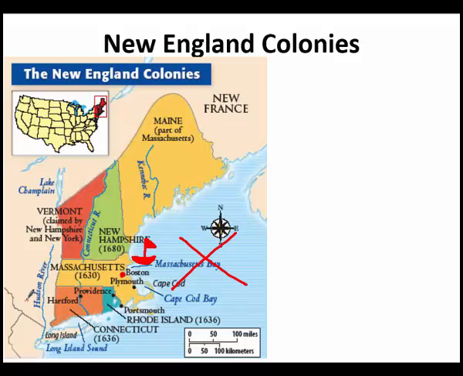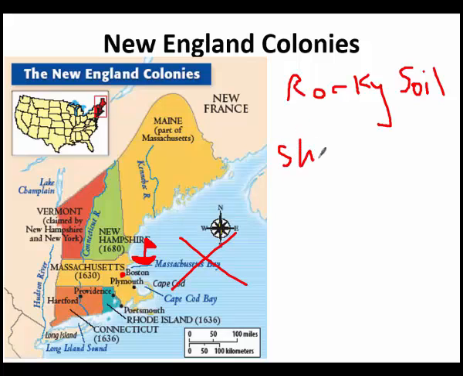And the reason for that is that they had much better soil. New England had very rocky soil, so there's not going to be a whole lot of farming going on. And the development after that is much more of a shipbuilding and manufacturing.